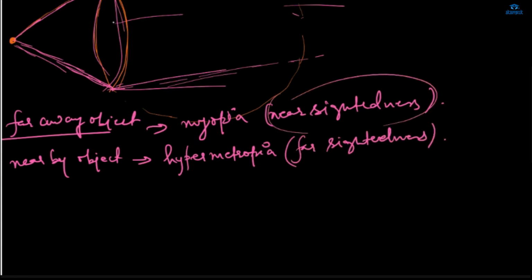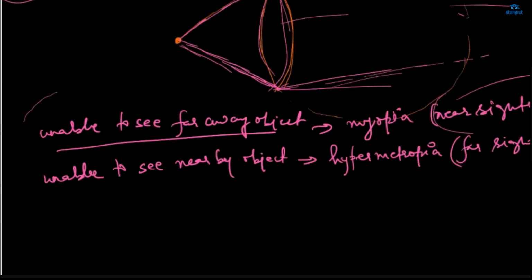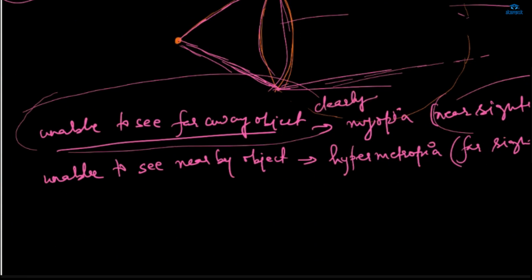Because the capacity to see near objects is good, but he or she is unable to see faraway objects clearly. Not that he is blind. He can see the object, but the image on the retina is not focused clearly.